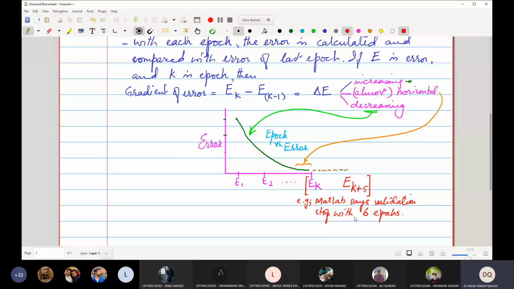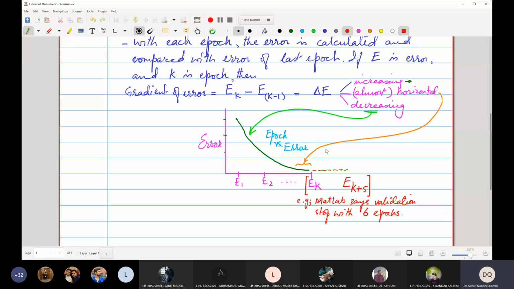We can make it 2 instead of 6, or we can make it 100. It is totally up to the programmer. But we stop when the error is not significantly changing. So we just stop at that point. So k and k plus 5, you should have an idea of what it means. If it made no difference in 6 epochs, then just leave it.